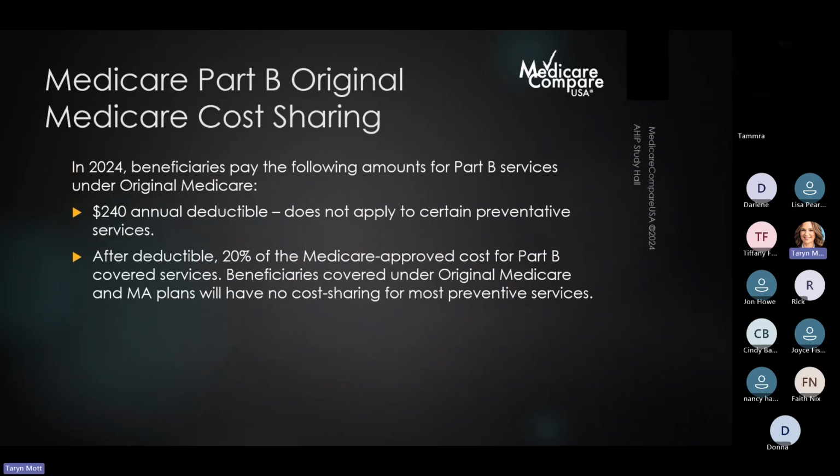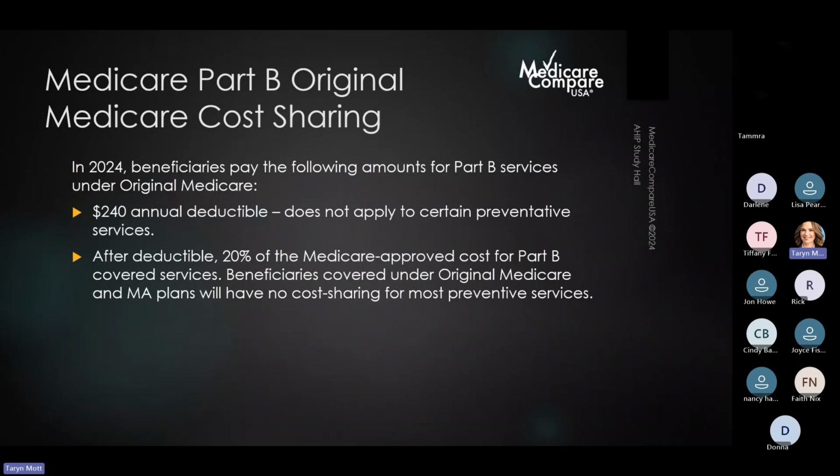Medicare Part B Original Medicare cost sharing. In 2024, Medicare beneficiaries pay the following amounts for Part B services under Original Medicare: a $240 annual deductible that does not apply to certain preventative services. So what that means is if you need a mammogram, you are not going to have to pay the $240 deductible.